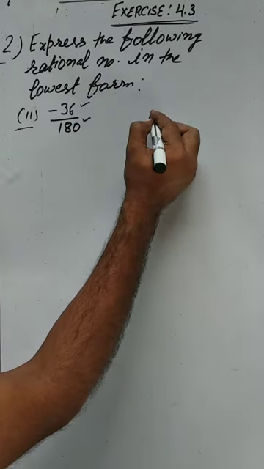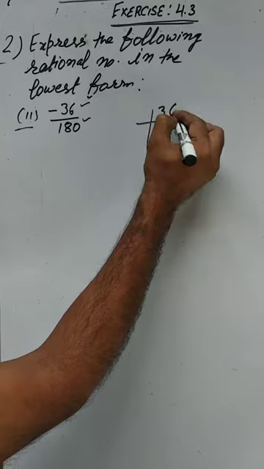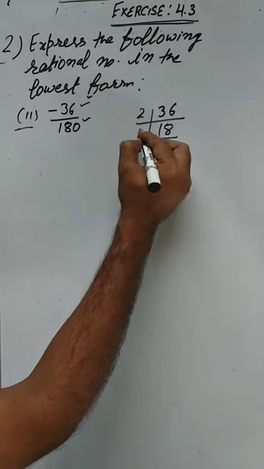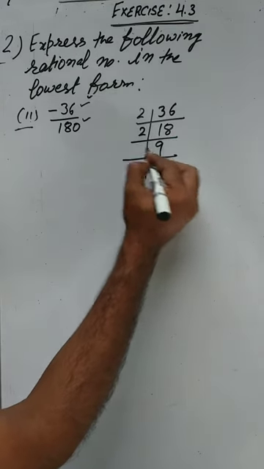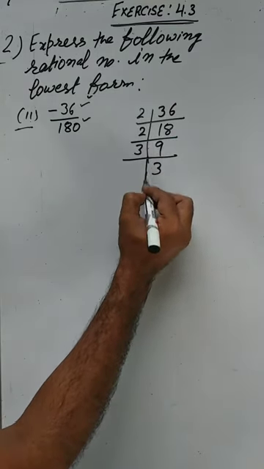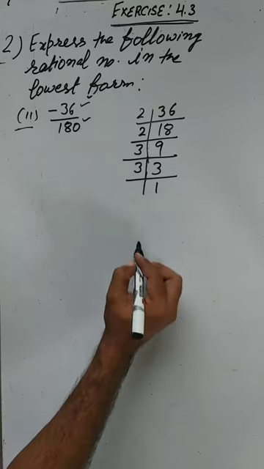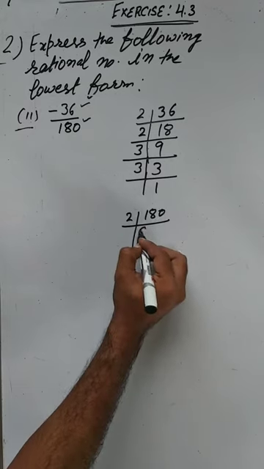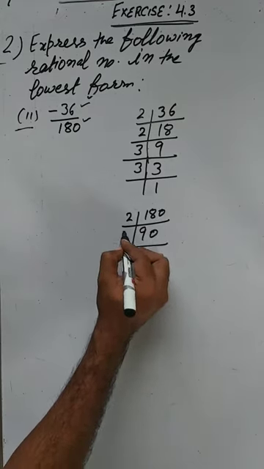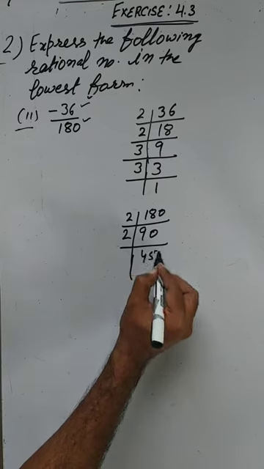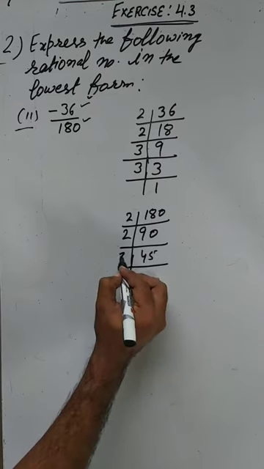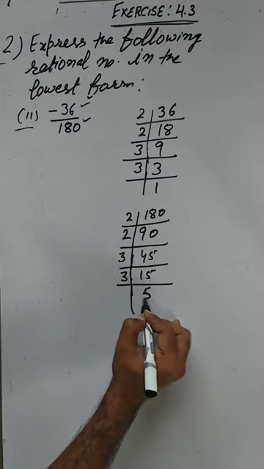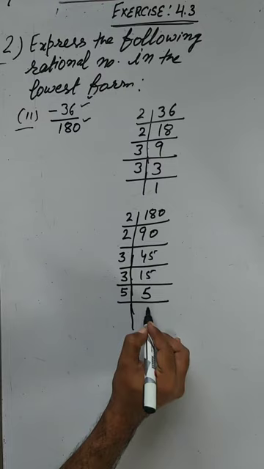Now beta, the prime factors of 36: it goes on to 18, 2, 9, 3, 3, 3 and 1. Now the prime factors of 180: it goes on to 90 divided by 2, 45. It is divided by 3, 15, and 15 divided by 3 again, 5, 5 on 5, 1.